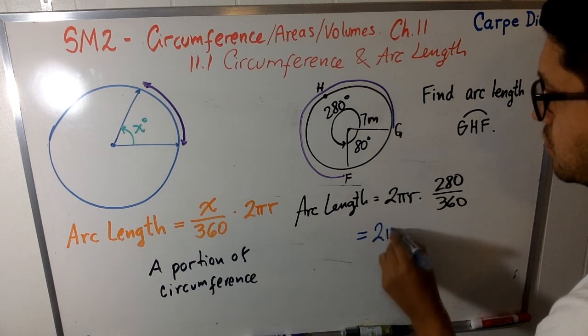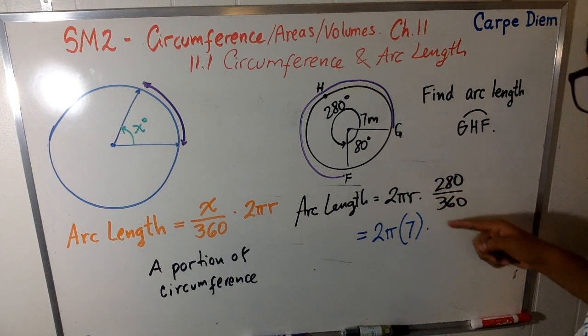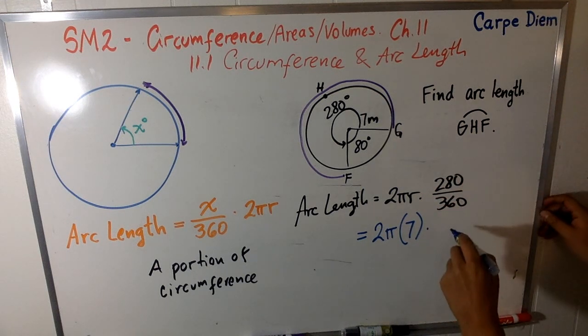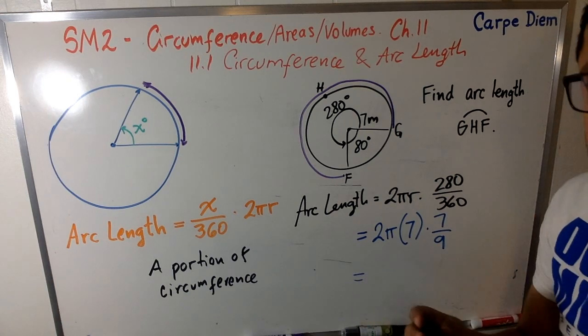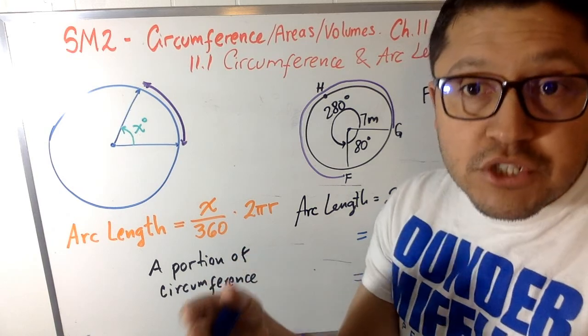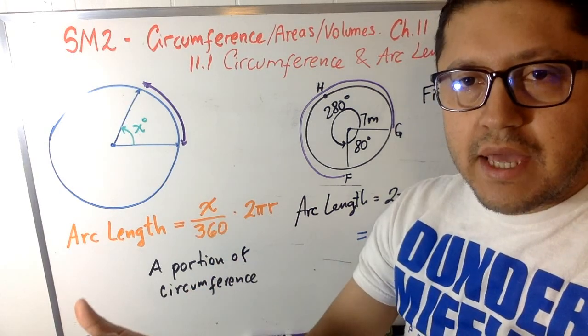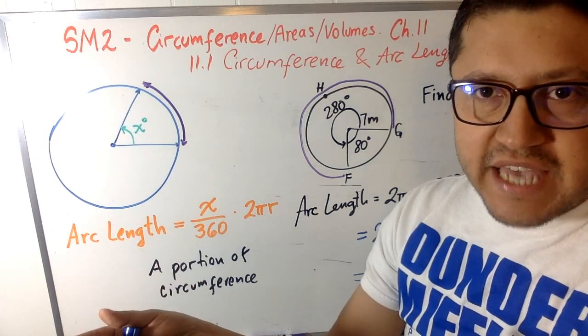So this is 2 pi and r, which is 7. And we just have to simplify this fraction. It is 7 over 9. So there are 2 ways in which you can show that answer. You can show the exact answer or the approximate answer, which is what you can see on Canvas, all right?